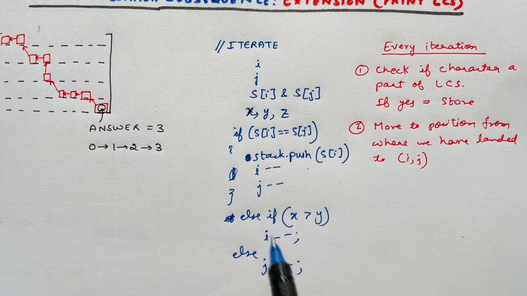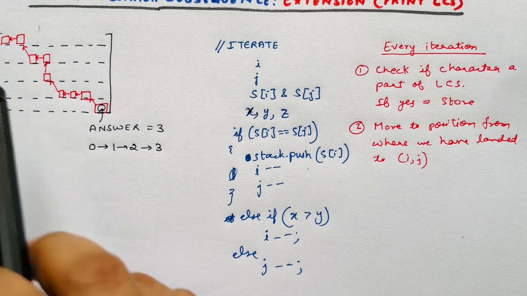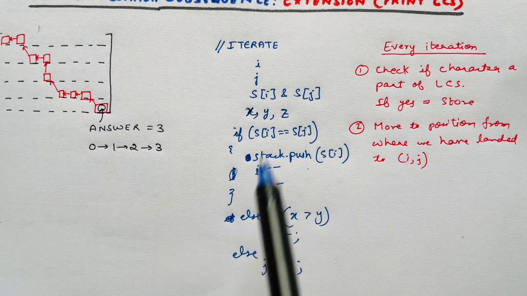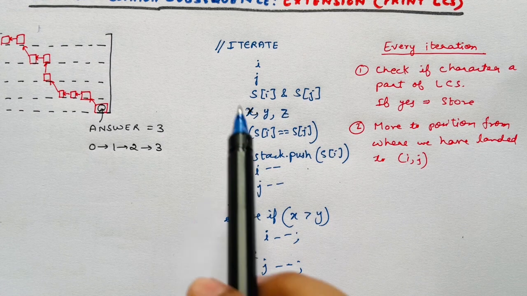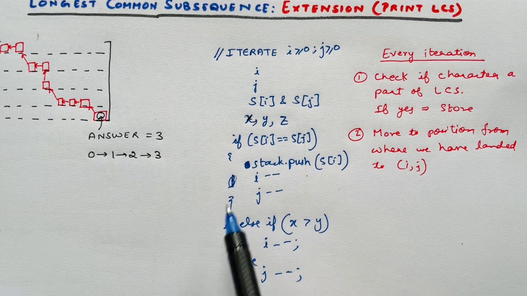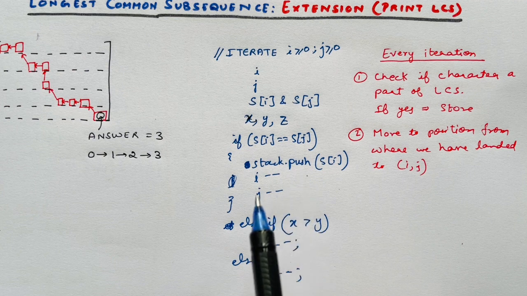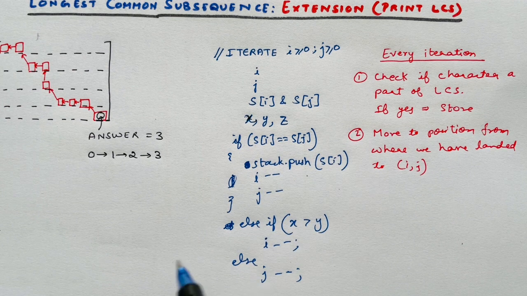In this manner, we can iterate over this whole matrix from bottom right to top left. And till when will we iterate? We will iterate till i and j are both greater than or equal to 0. Then we can use the characters in this stack to print out our longest common subsequence. So what will be the time complexity here?